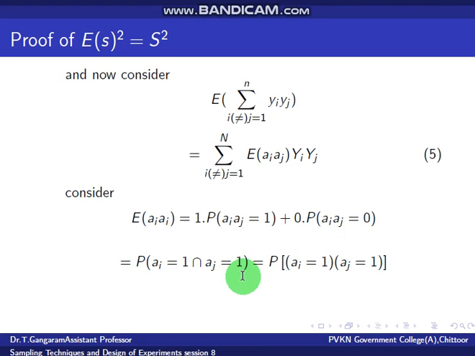A intersection b as probability of ab. By definition of conditional probability, we can write probability of ab is equal to probability of a into probability of b given a. Look here, this is probability of a into probability of b given a.